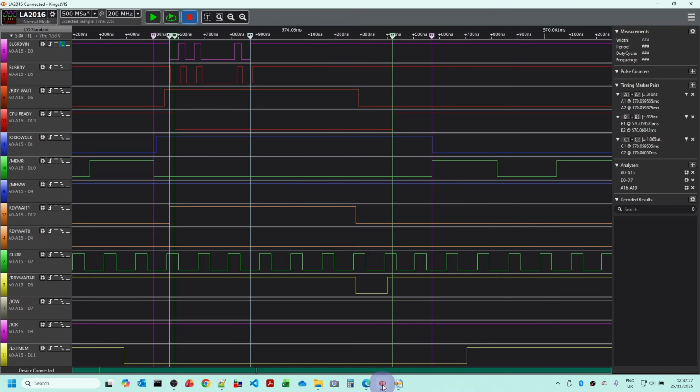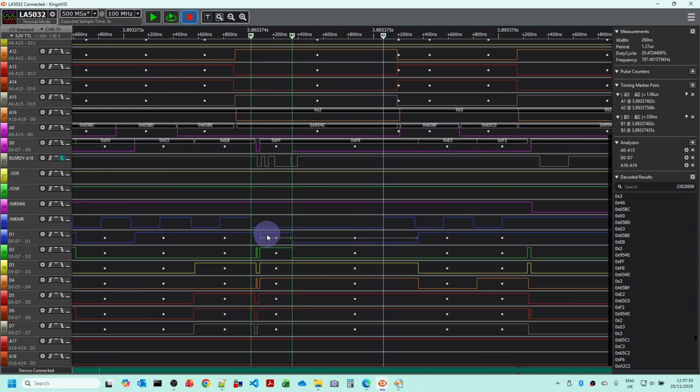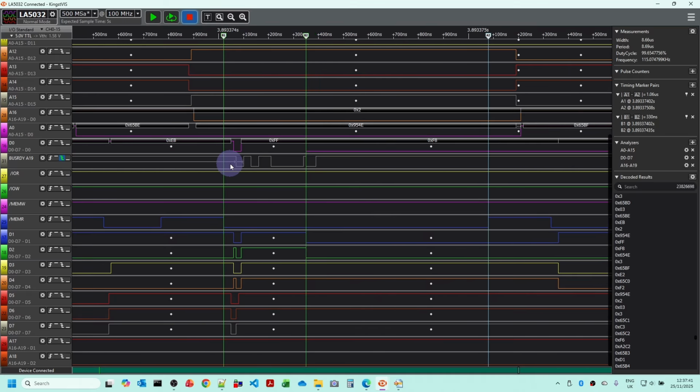So when we look at the data here, this is a particular read. This read period is about 1.06 microseconds. If we didn't have this bus ready period here, the signal from B1 to B2 is about 330 nanoseconds.